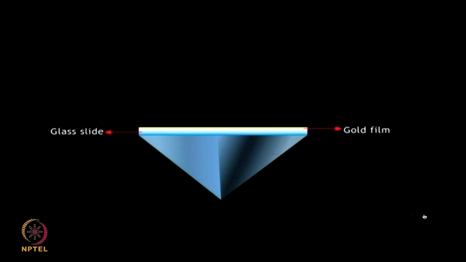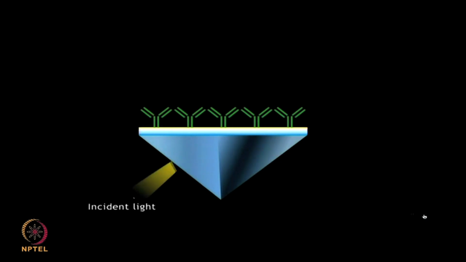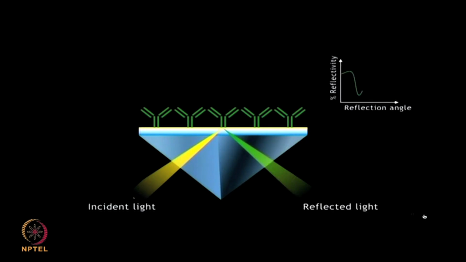So, let us watch this animation, where there is a gold film on top of a glass slide. Then there is a prism. The test antibodies are immobilized on the gold surface. The incident light striking the surface is constantly reflected at a particular angle.